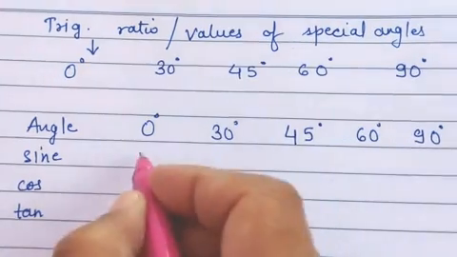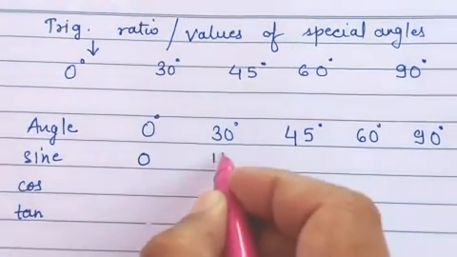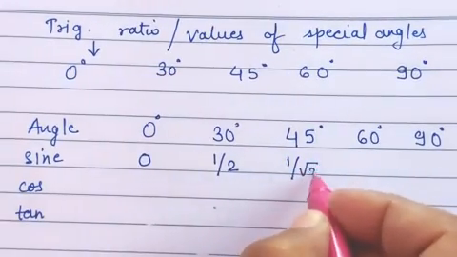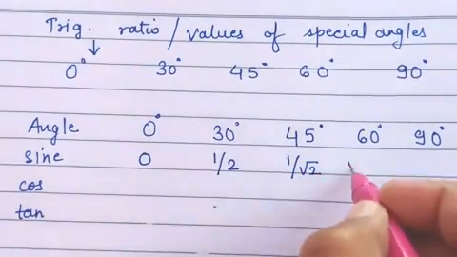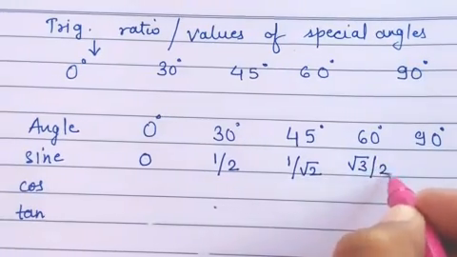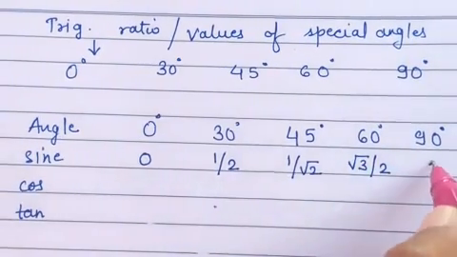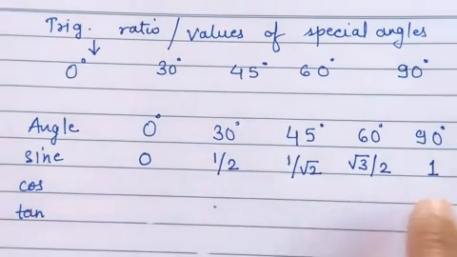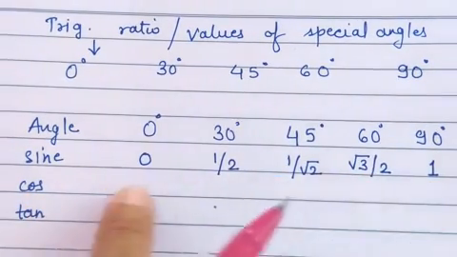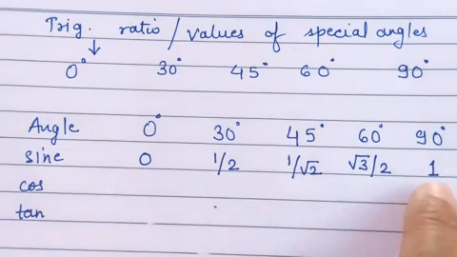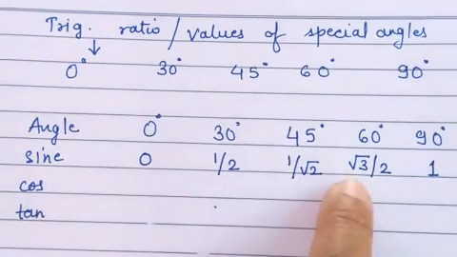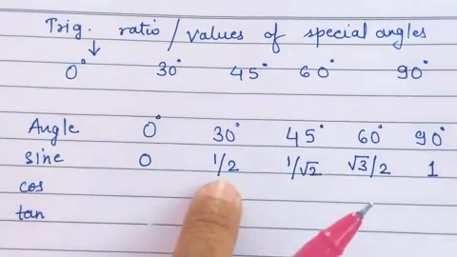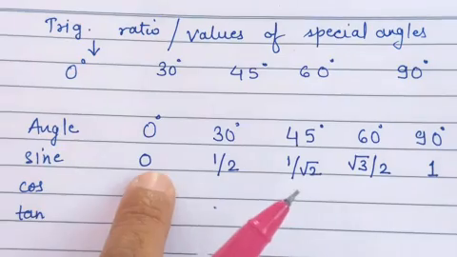Sine 0 degree is 0, sine 30 degree is half, sine 45 is 1 by root 2, sine 60 is root 3 by 2 and sine 90 degree is 1. Now for values of cos, just take these values in reverse order, starting from 1, then root 3 by 2, then 1 by root 2, then 1 by 2 and cos 90 will be 0.